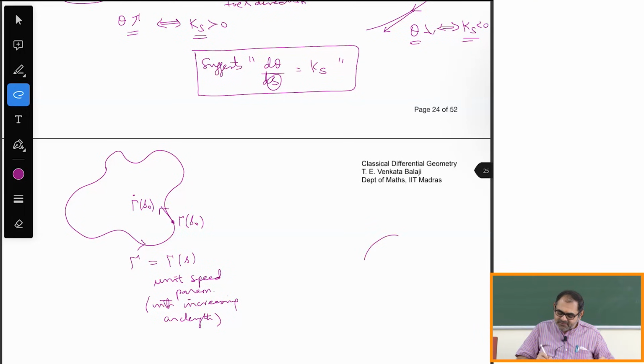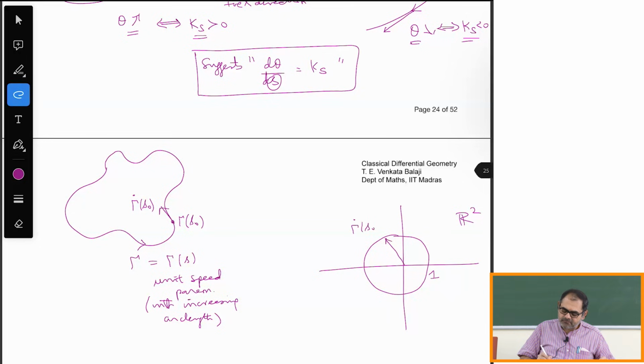So here is my unit circle in R2, and corresponding to this point I get this vector here. So this is gamma dot s naught. If I take some other point, suppose this is s1, and gamma s1 is the point here, then I get gamma dot s1.